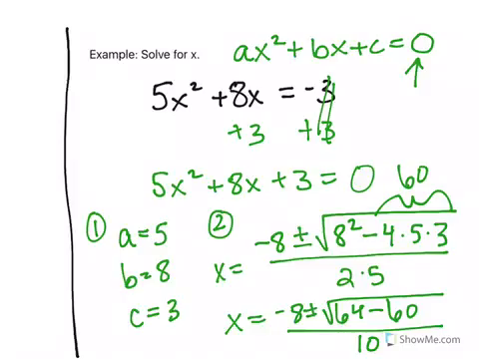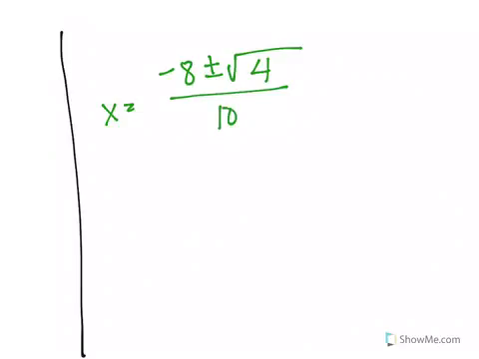We've got negative 8 plus or minus the square root of 64 minus 60, so we can just put in a 4, nice and simple, divided by 10.